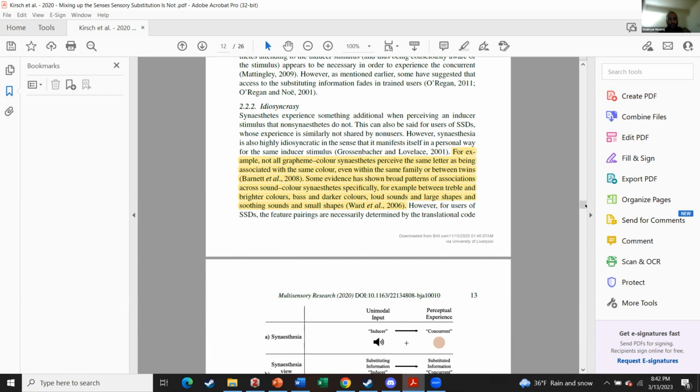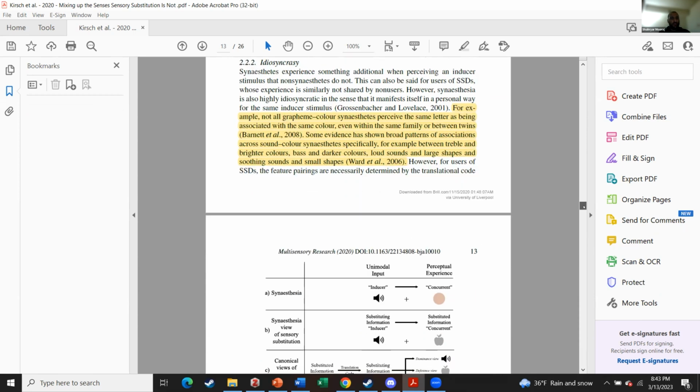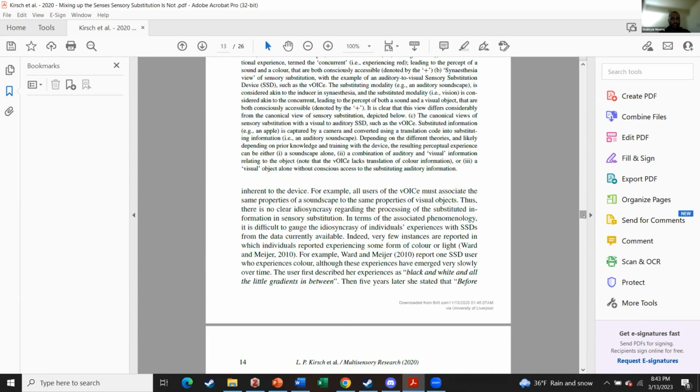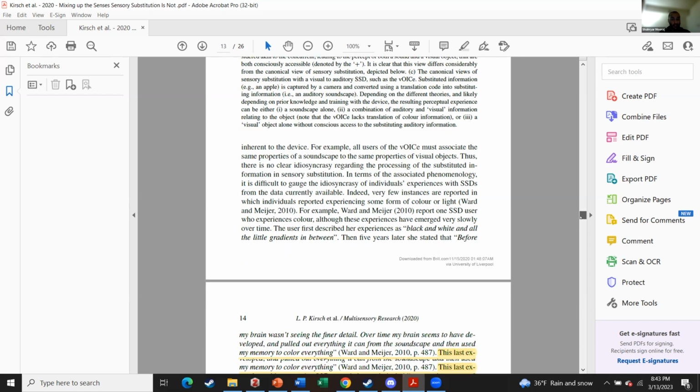On the other hand, when you're doing sensory substitution, you're really trying to teach people to perceive the same input information, and you're giving them the same substituted signal for all the people you're training. There's some minor evidence that seems to say there's a bit of variation.